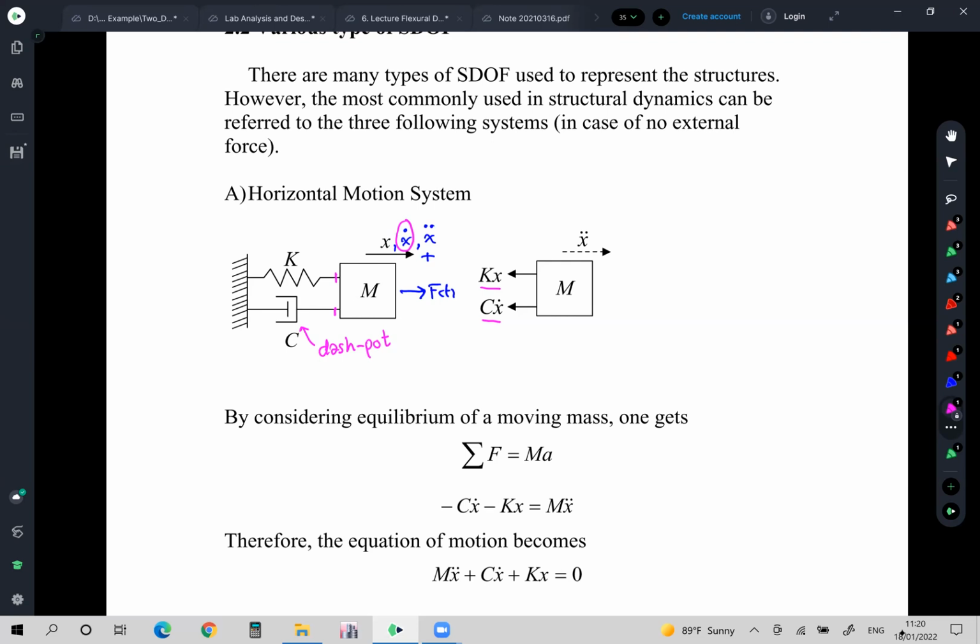I think you can imagine this. So this amount of force is proportional to the velocity term. In other words, that resistant force, I call it R, will be a function of x dot. Okay?